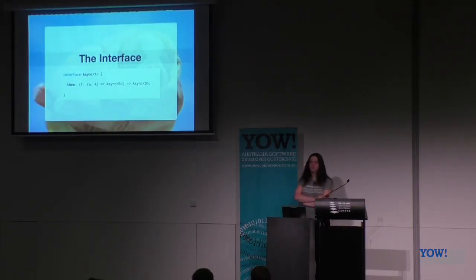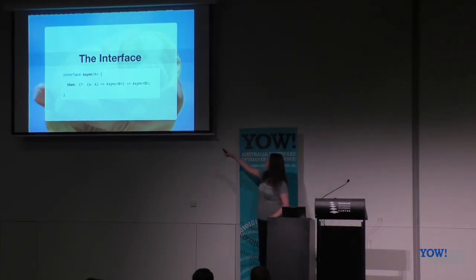This is what an async operation looks like in JavaScript. It's just something which has a then method, which will take a callback function, which will eventually receive a value of type A. This is TypeScript notation, incidentally.